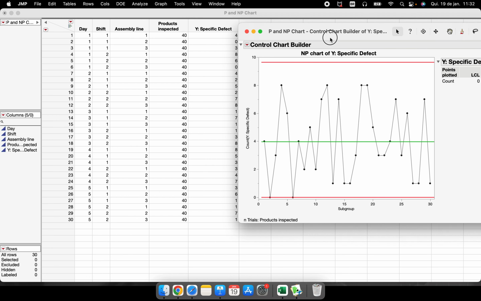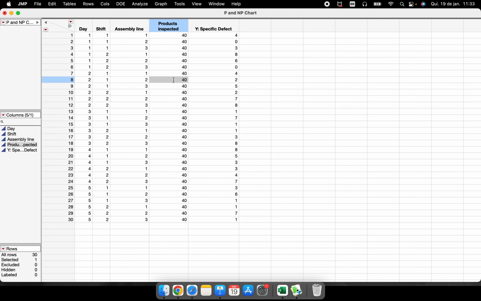A very important thing that is very different from the P chart is that you should not run this chart with a subgroup size that is not constant. For example, if I changed here to 30, 35, 42, 45, 55, we didn't have the opportunity to collect parts with exactly the same amount of parts.